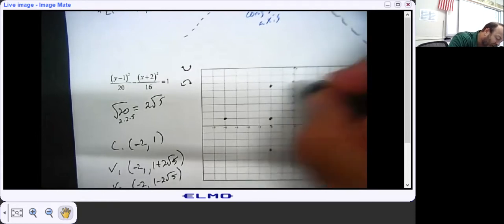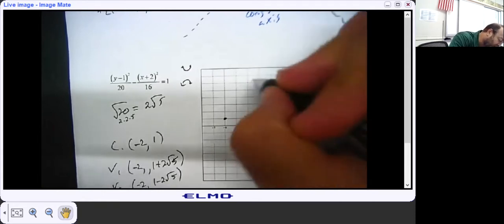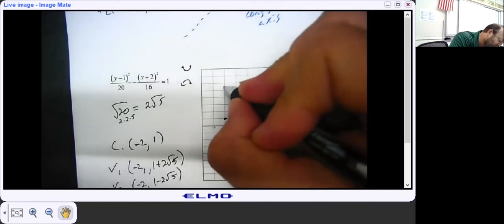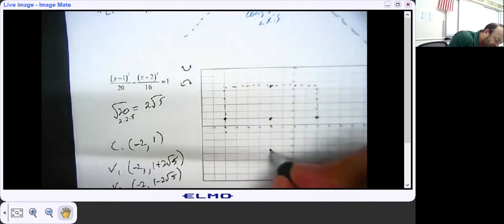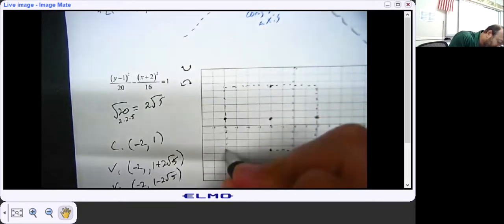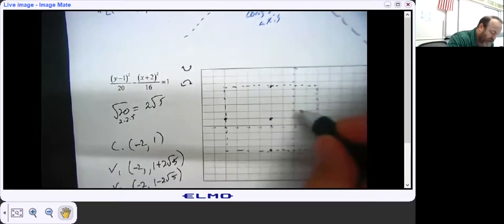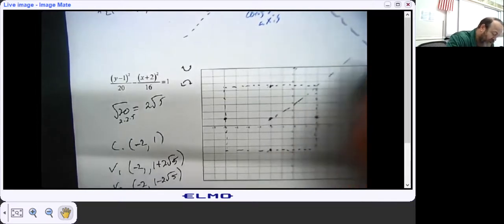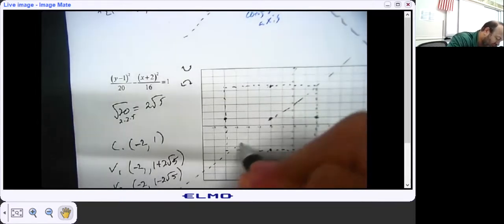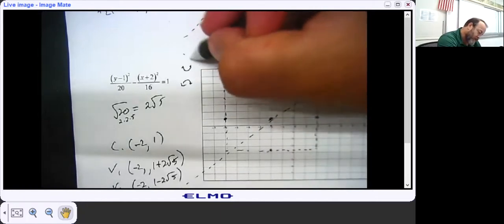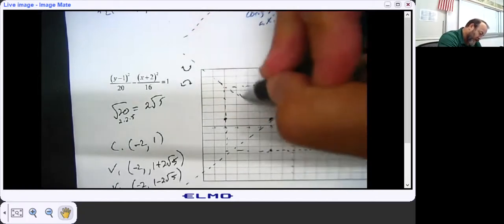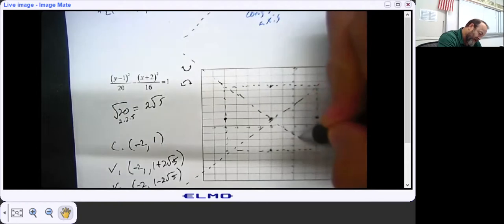Again, we're going to make ourselves our little box right here. That box is going to help me define my asymptotes. Come in here and we'll draw in our lines. I'm trying to keep the video short. I normally use a straight edge to draw these things, so I'm not guessing at them.